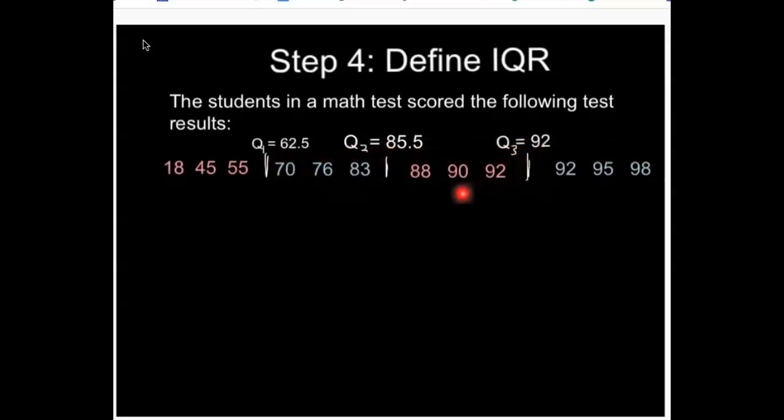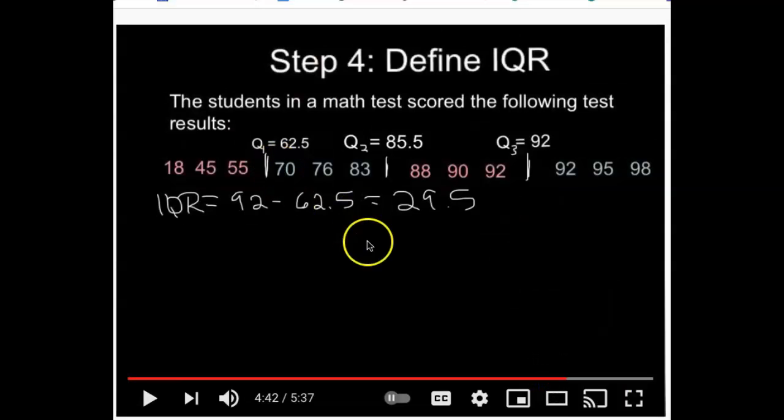But usually when we're looking for information, we'll talk about the middle 50% of the data. So we're going to find our interquartile range by once again taking our quartile 3 number, subtracting our quartile 1 number. Interquartile range, which we often will see abbreviated as IQR, is, in this case, 29.5.